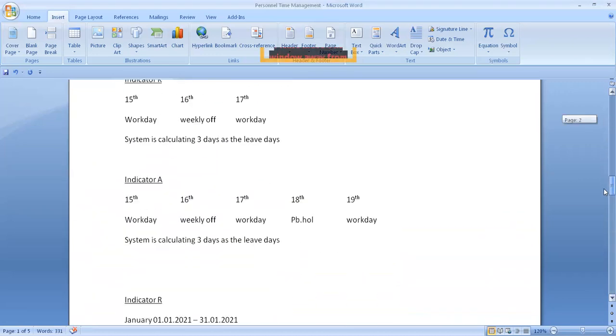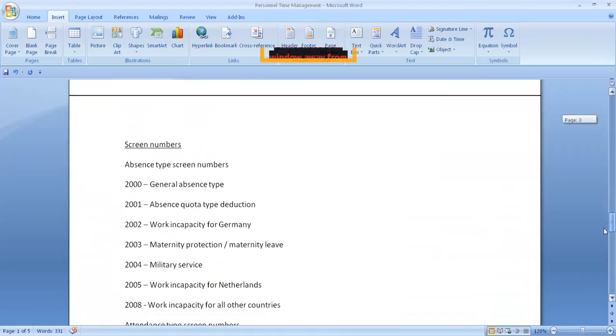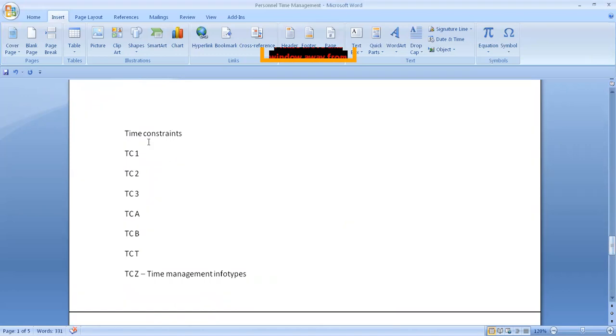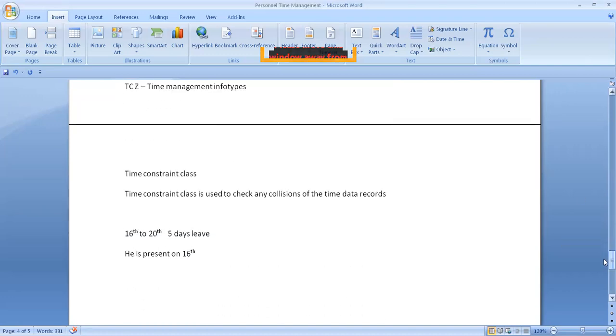In PAOM, what is happening for time constraint? Whatever you are maintaining, the system is checking for that only. But in time management, the system is checking other things also. Not only whatever you are specifying, but it is also checking other things. Why? Because of collisions. If you are saying leave, it will also check attendance.